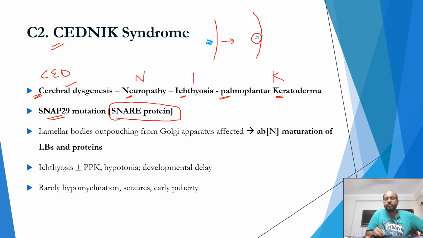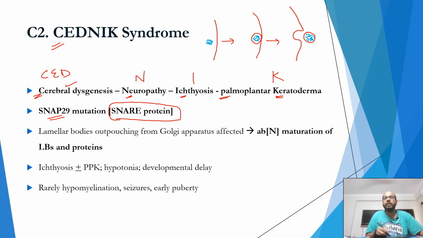So it forms this kind of vesicles, and then there is outpouching. Clear? So this outpouching mechanism requires a properly functioning SNARE protein. Now, if you remember the discussion on lamellar bodies while discussing basics of keratinization, lamellar bodies are required for proper cornified envelope formation.